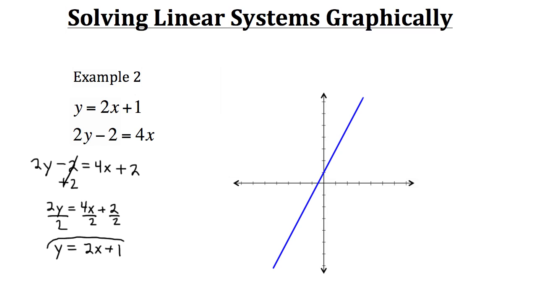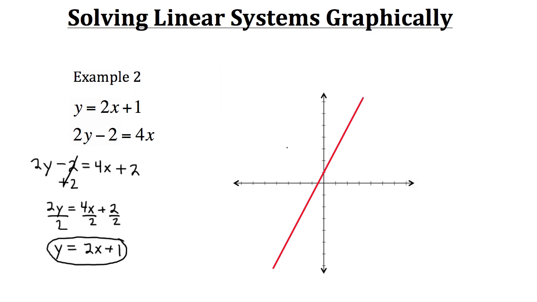So here's our second equation, y equals 2x plus 1. Now if we graph that, it has a y-intercept at 1, and then a line with a slope of 2. So that will look like this. Now if you notice, our first equation and our second equation actually end up being the exact same line.